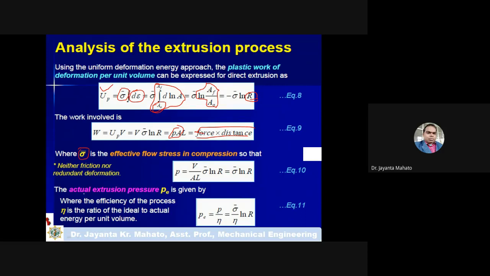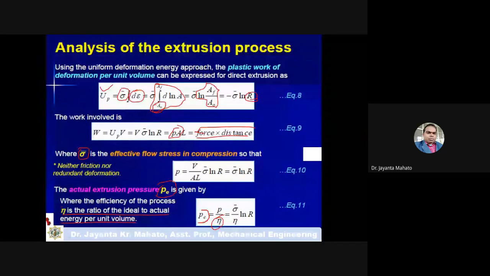And so you have the actual extrusion pressure PE. PE will be P divided by this factor. This factor is the ratio of the ideal to the actual energy per unit volume. Dividing by this factor, we get the actual extrusion pressure.